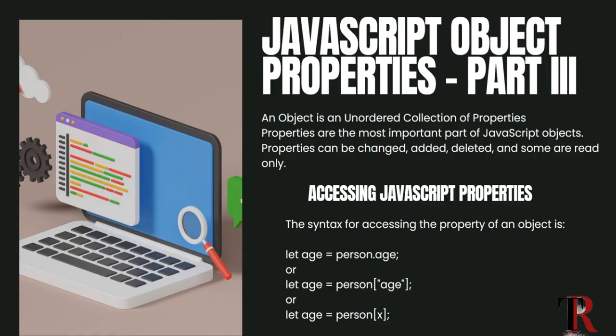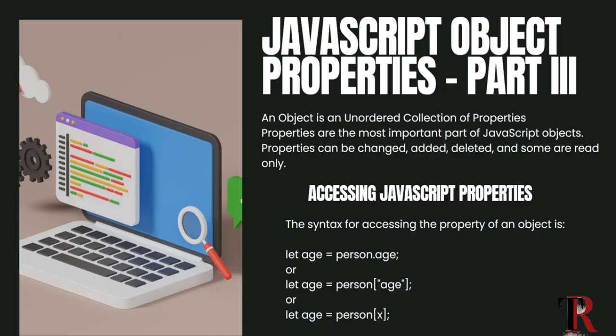Now, they say properties can be changed, which means that when you assign a default value to a property, you can change it, you can add new ones, and you can delete even existing ones and re-add, as we will see as we continue in the concept of objects in JavaScript. And then some are read-only. Sometimes some properties of an object are read-only. They are not something that can be modified. They are just read-only for some special use cases or purposes.